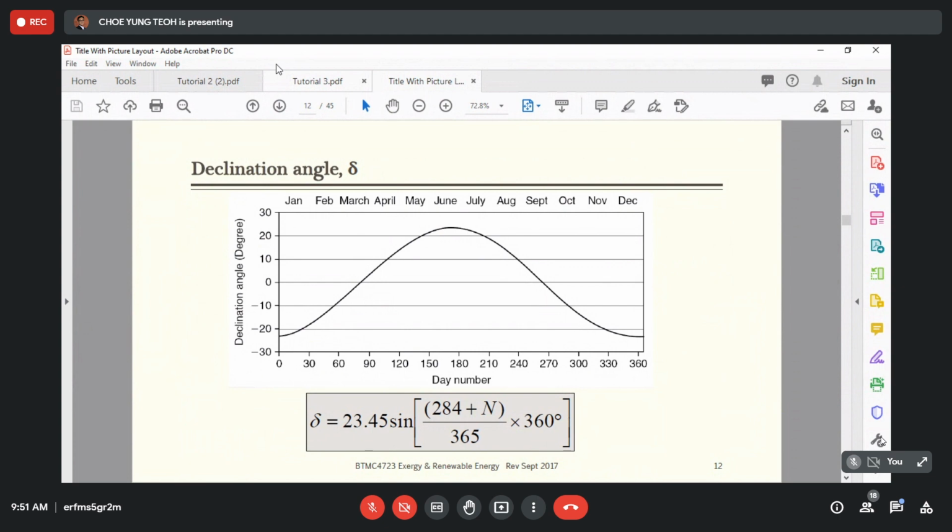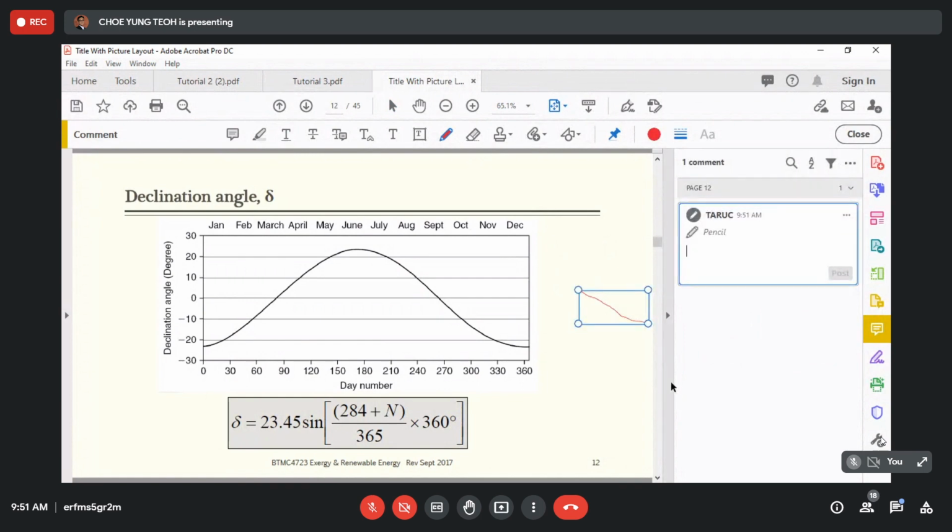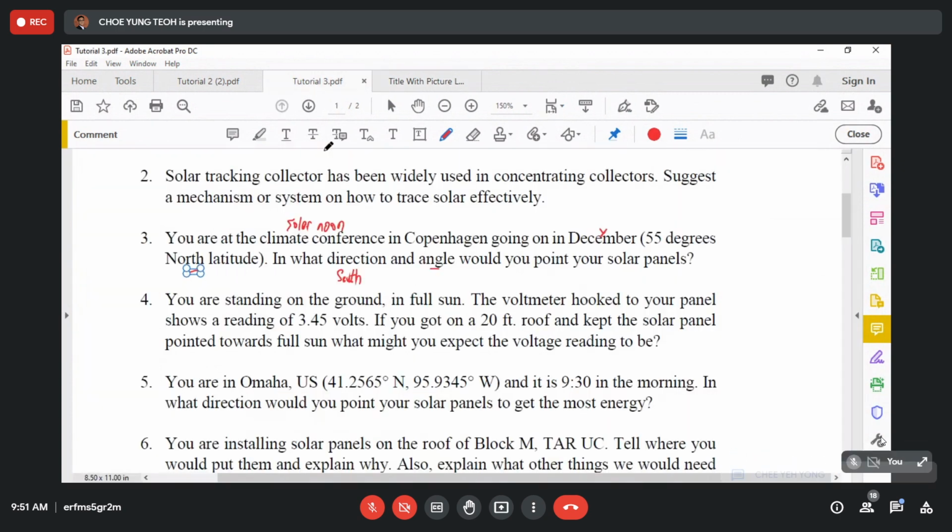The middle doesn't mean it's the best, because sometimes the curve is going downward. So we have to find a general point, maybe mid of December.